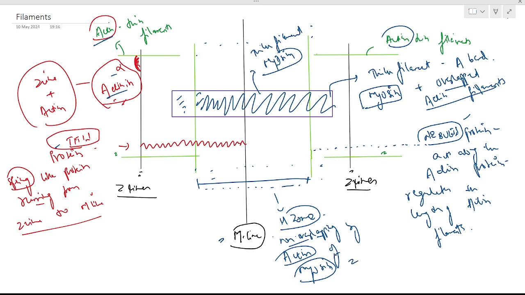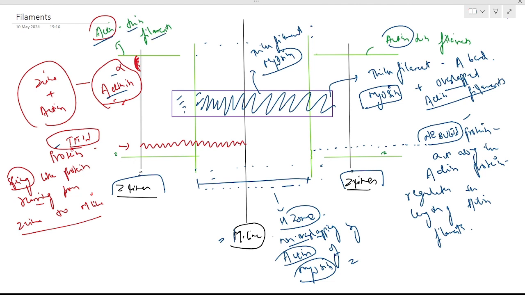Okay, so this was our structure of our sarcomere. First we have our end Z lines, and in the middle the M line. Z lines are anchored by actin, which are our thin filaments.